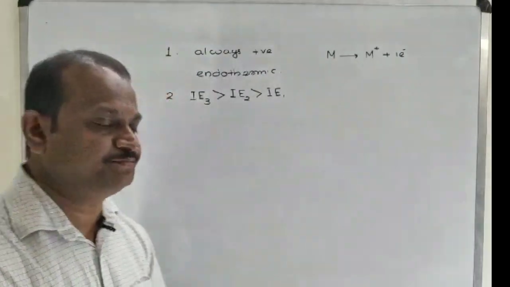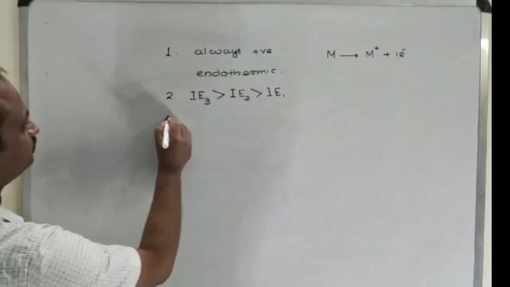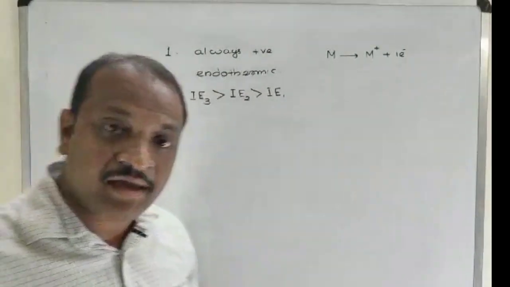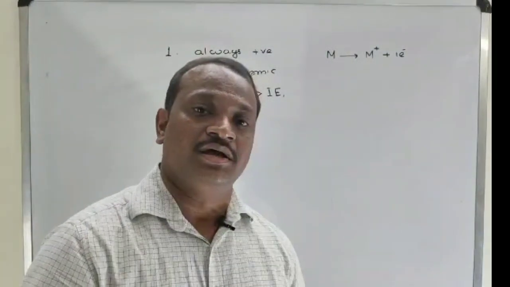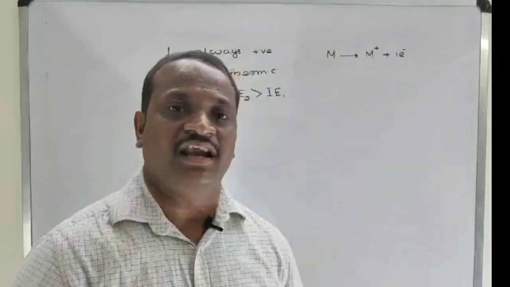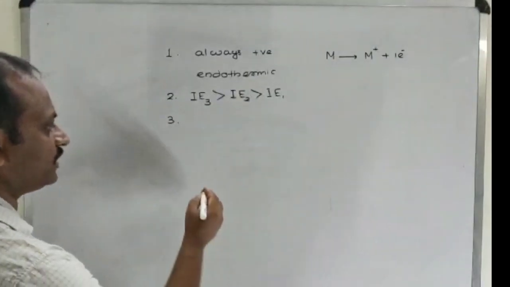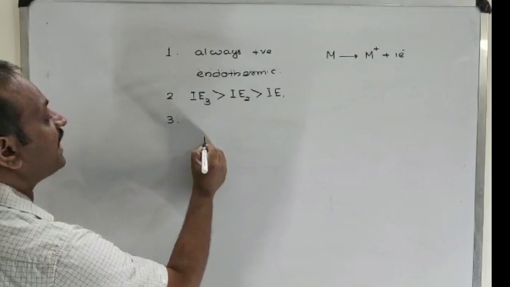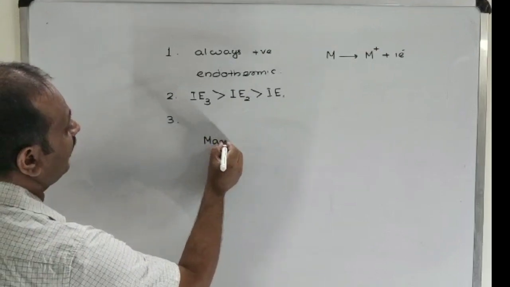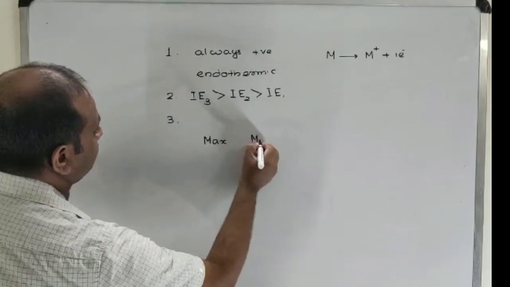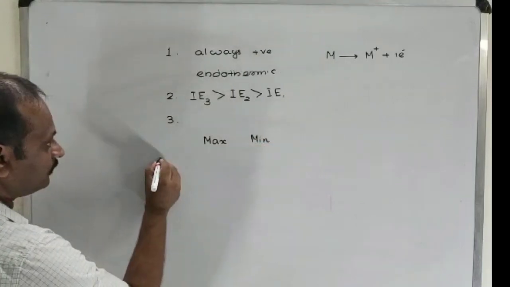And the third point: which one has higher ionization enthalpy, and which one has lower ionization enthalpy? This is the point to be discussed next. So here I am drawing a table. We have a maximum and minimum. I am writing first of all IE1.